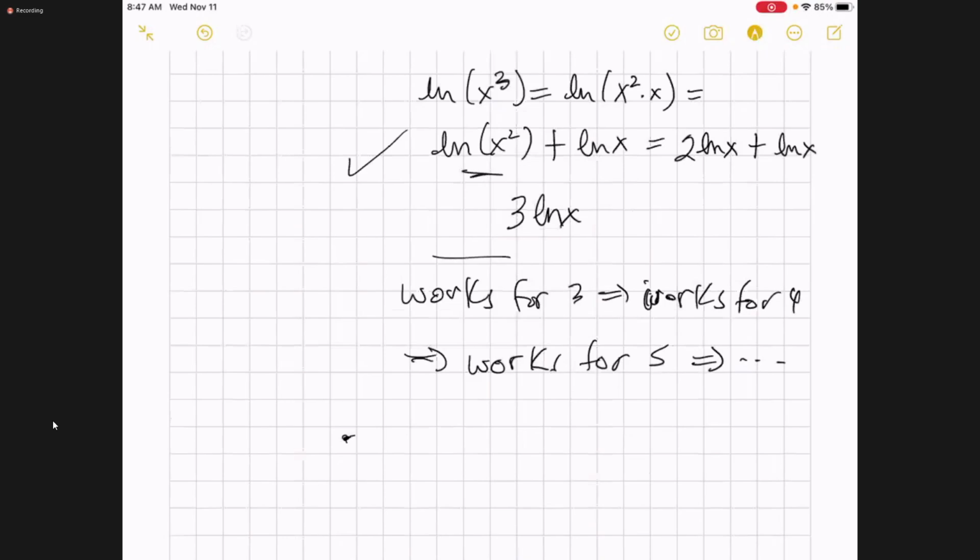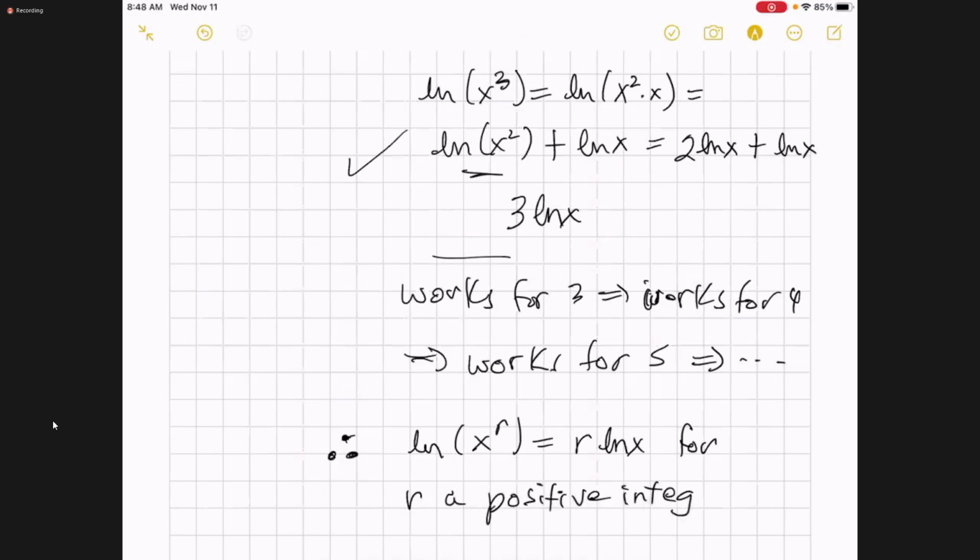Okay, and formally that's called an induction, a mathematical induction. Therefore, ln of x to the r is r times ln of x for r a positive integer.